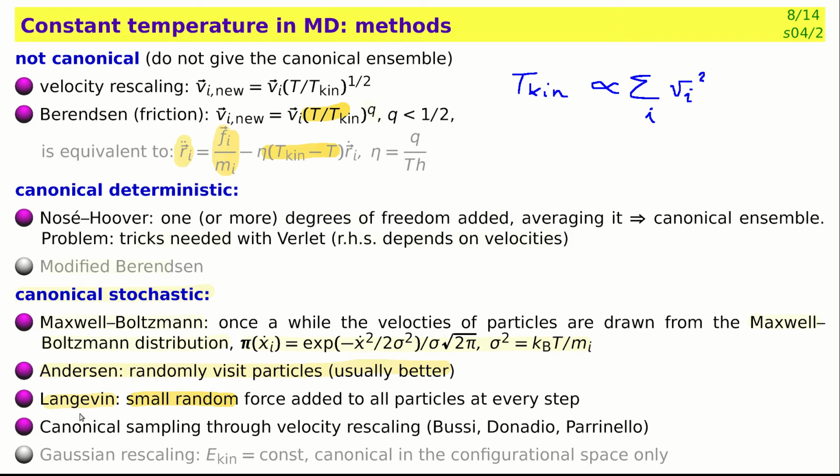There is also a quite popular method called canonical sampling through velocity rescaling, and it is essentially based on the Berendsen idea, but this exponent q, or this parameter eta in this formulation, is stochastic.